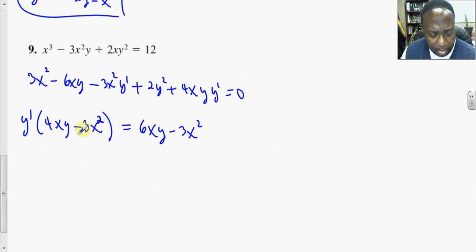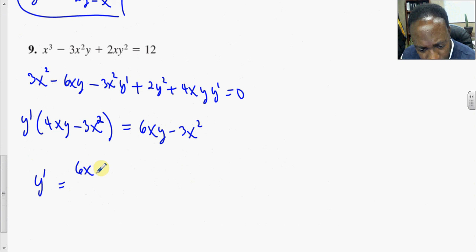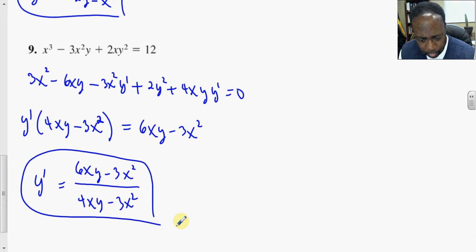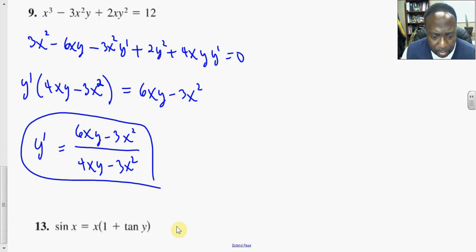Now divide everything by this term associated with y prime. So y prime is equal to 6xy minus 3x squared all over 4xy minus 3x squared. Tempted by the eye to do some type of cancellation, but we cannot. Unlike terms.